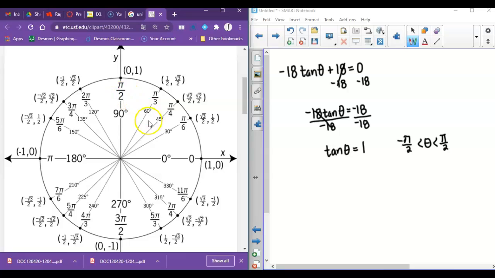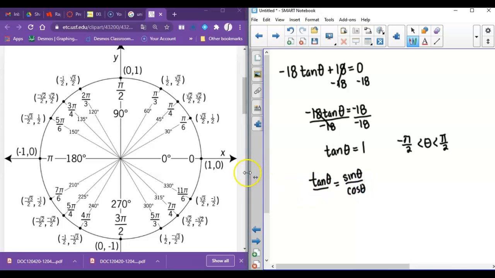Up here to pi over 2, so it's the first and fourth quadrant right here. And when I'm looking for tangent, tangent's not on the unit circle. So whenever I'm looking for tangent, I've got to figure out what I'm going to get for each one of these. I do remember that tangent of theta equals sine of theta over cosine of theta.